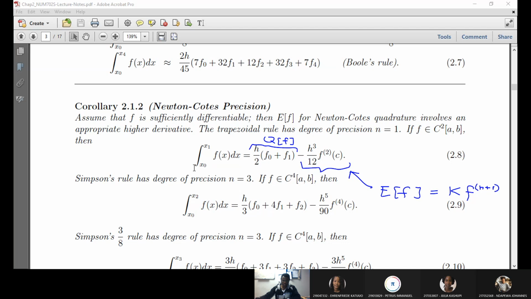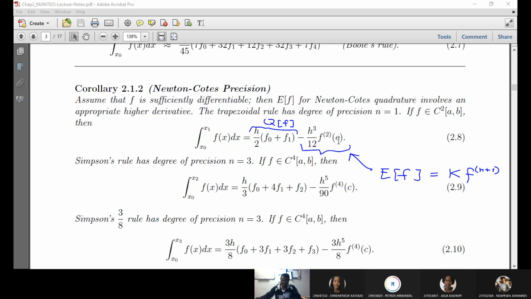We saw that the integral gives us the rule plus the error term. You can see that now we can see the error term explicitly, even though c is not known, right? But you have the structure of your error term. You know how it is expressed. But this c is just a point between a and b, but you don't know that point exactly. You only know that it's between a and b.